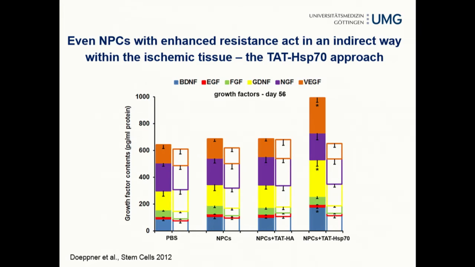When you transplant these cells intracerebrally, what you can observe is a change within the ischemic micromilieu. In this case, you have increased concentrations of growth factors, which also gives you the hint that these transplanted cells are not really integrated within the residing neural network, but they act in a paracrine way.